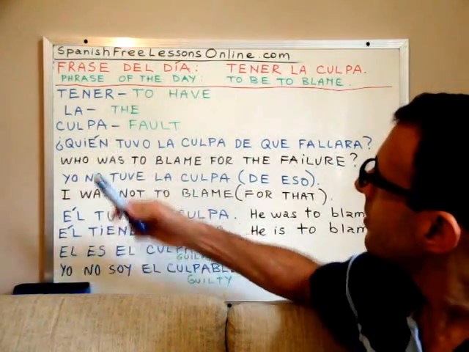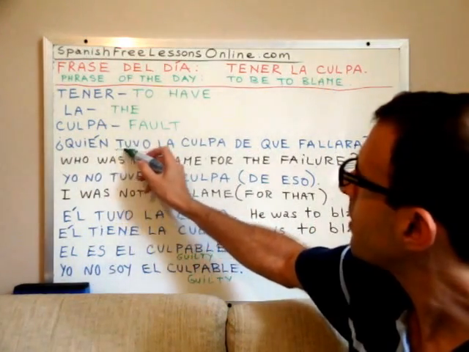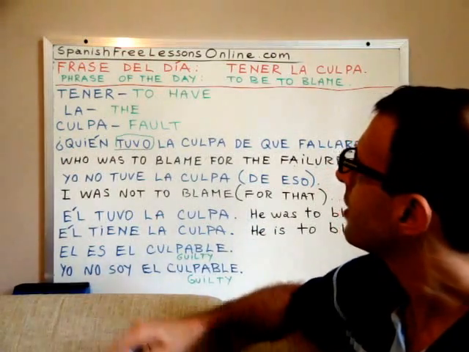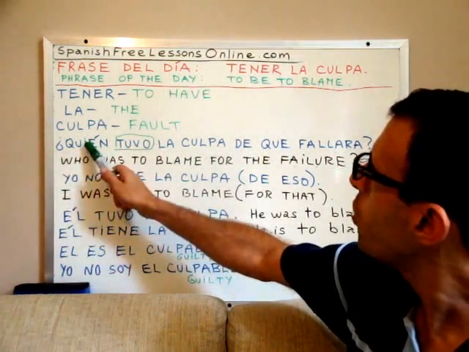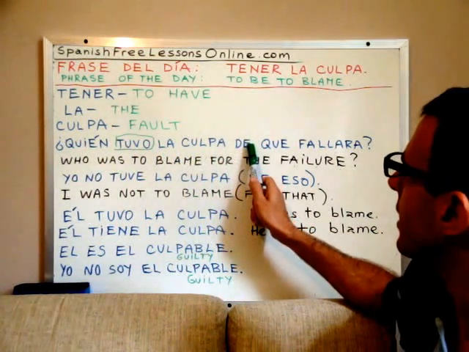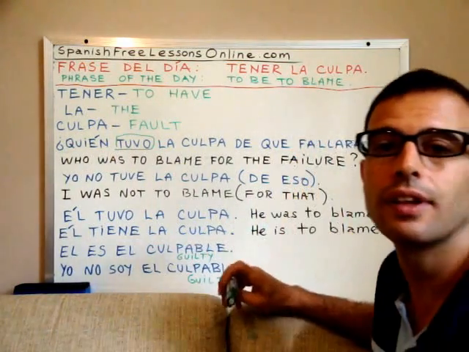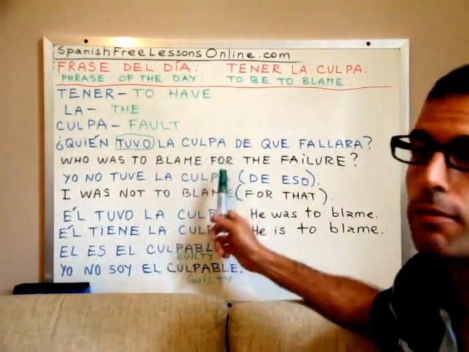So here, quién tuvo la culpa, tuvo is in simple past. This means had. So, who had the blame of that it failed? That would be the word-by-word translation. Or, who was to blame for the failure?